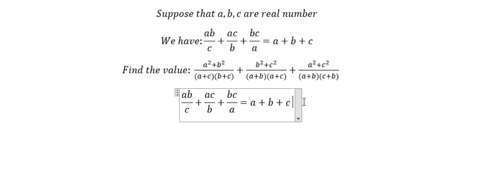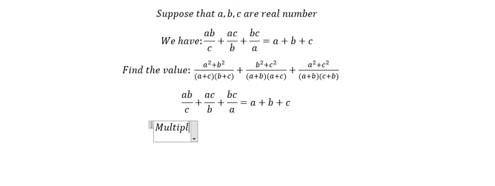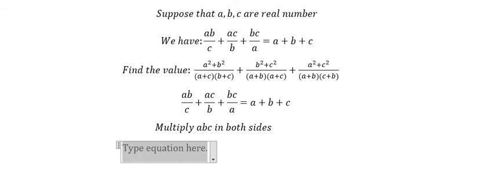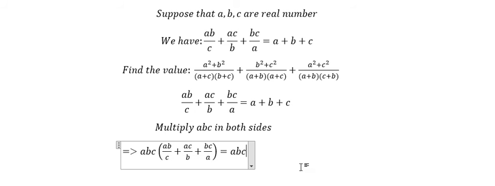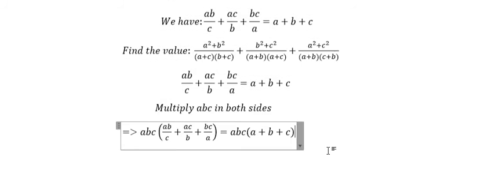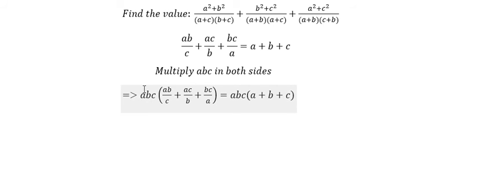The first thing we need to do is multiply by a, b, c on both sides. Then we have abc multiplied by each unit inside the bracket, similar with abc in here.